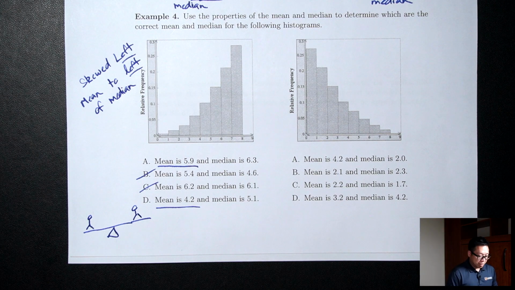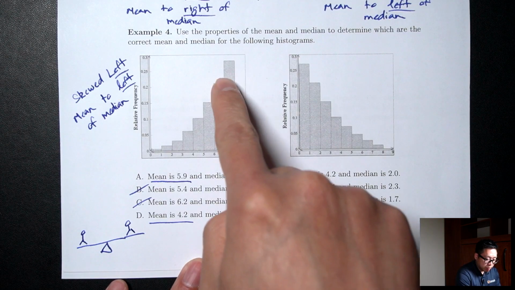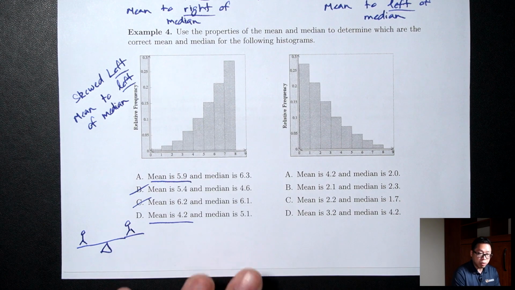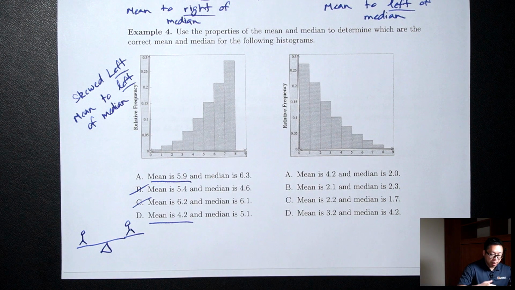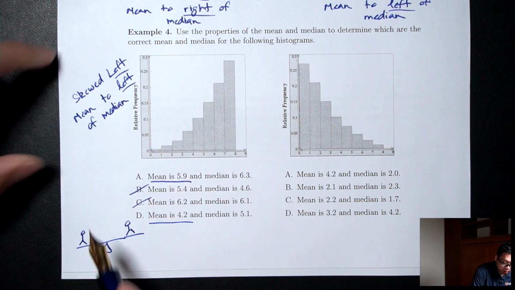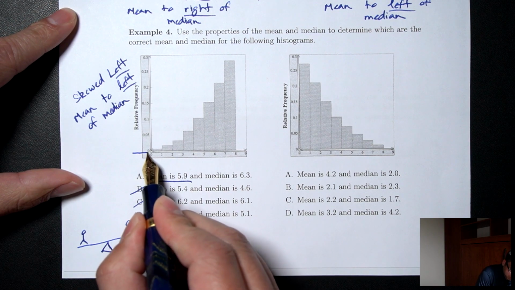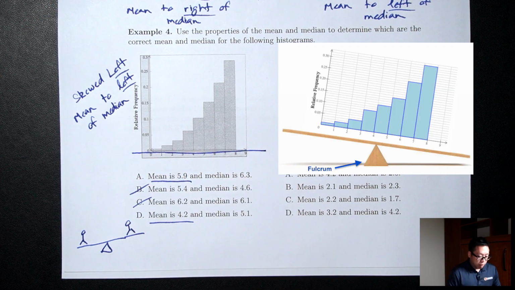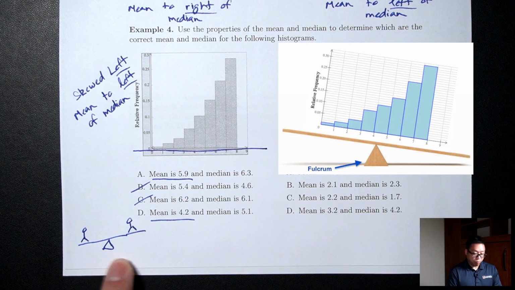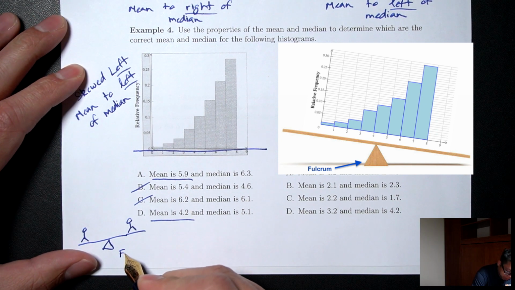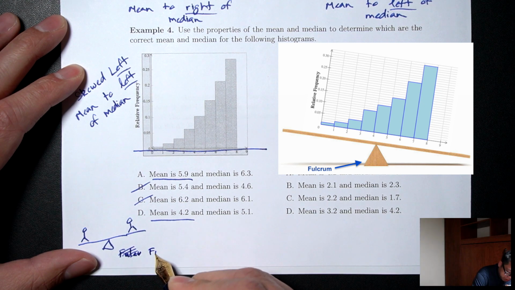That's a seesaw. Okay, imagine the histogram, these bars on a histogram as blocks of wood. And imagine them on a seesaw. This thing here, I think it's called a fulcrum. That's not how you spell fulcrum.